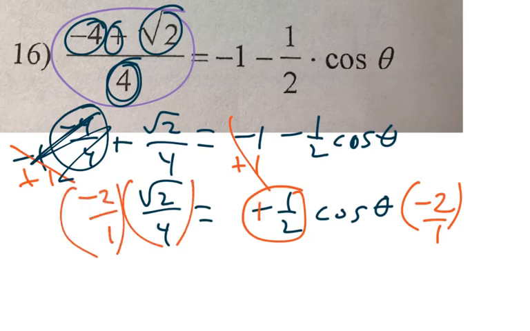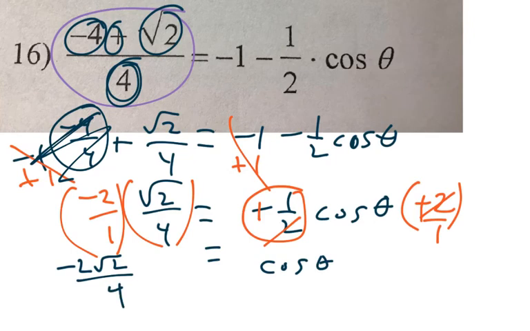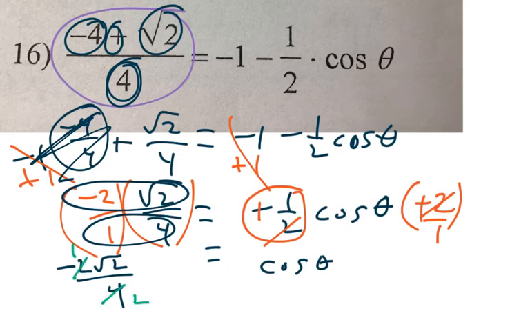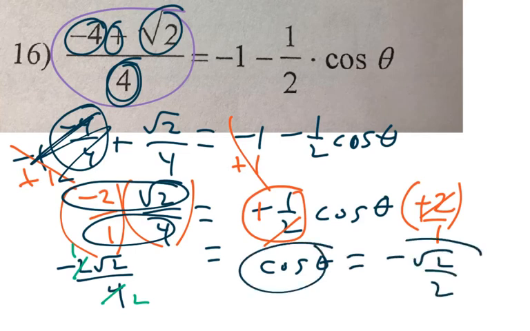Right? Negative times negative is positive. 2 over 2 is 1. Notice I'm left with cosine theta equal to, over here, negative 2 square root of 2 over 4. And I'm going to simplify by dividing by 2. Right? So cosine theta is going to equal negative square root 2 over 2.